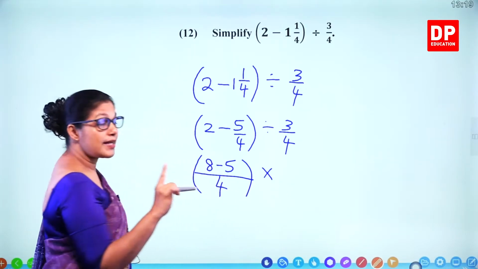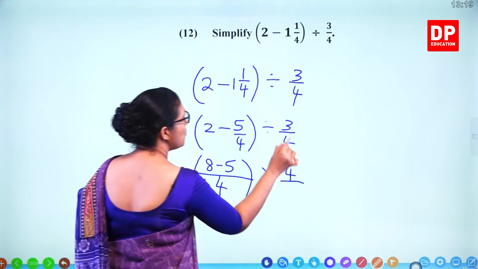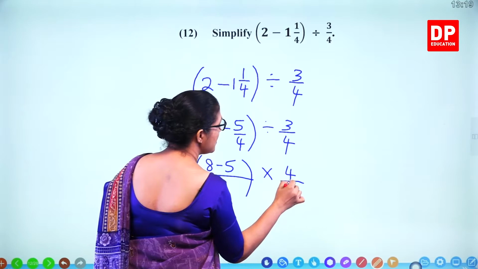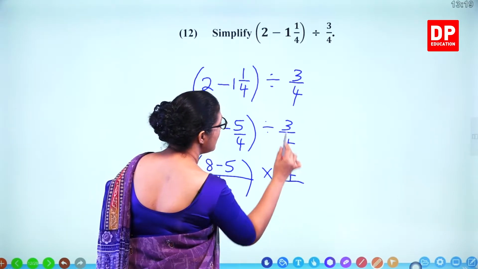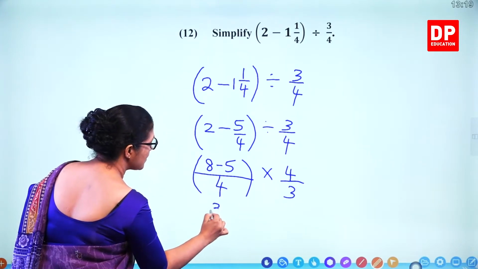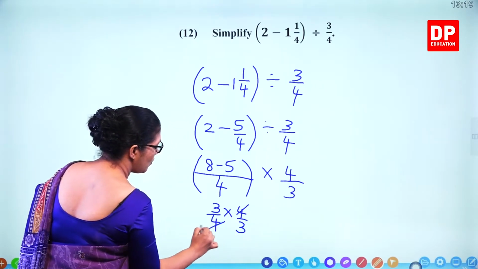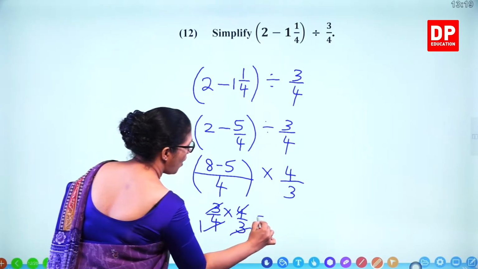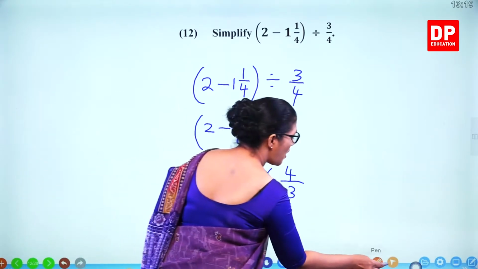Division you can write as the multiplication of the reciprocal. So numerator goes there, denominator goes to the numerator. So here 3 comes here. 8 minus 5 is 3. 3 over 4 times 4 over 3. You get 1. 1 as the answer. So you get 2 marks for that.